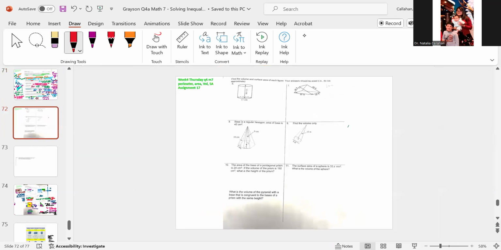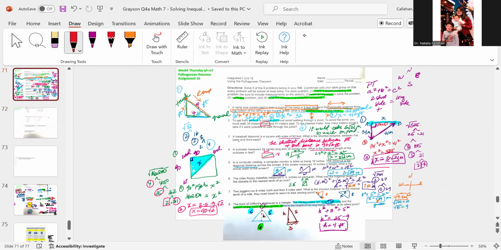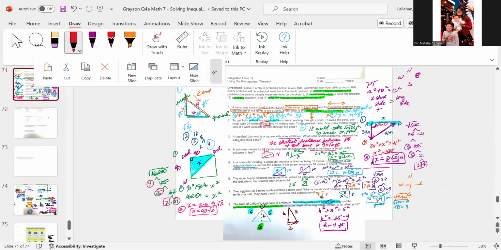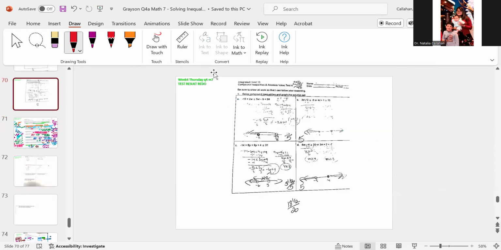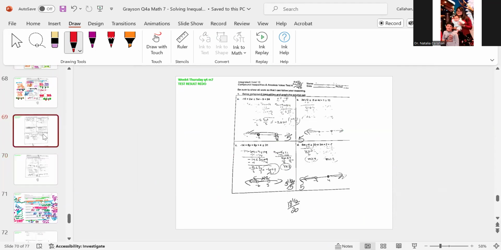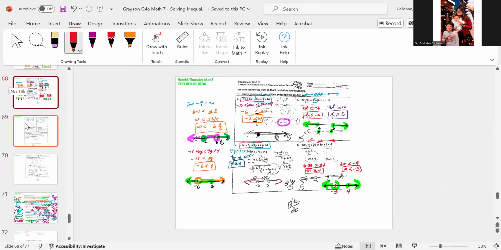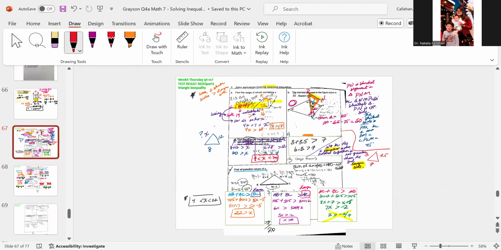All right, this is week 4 Thursday. This is assignment number 17, and this is also, I believe, the backside of this one here? Of this one? This one? Is that it?